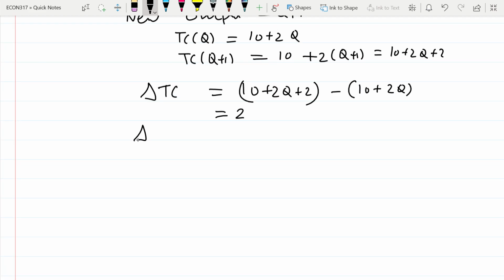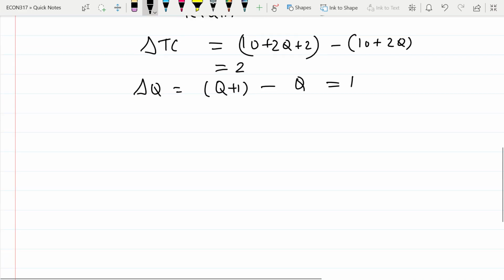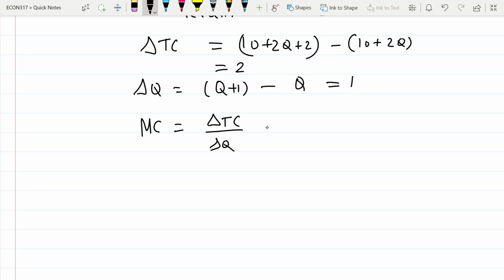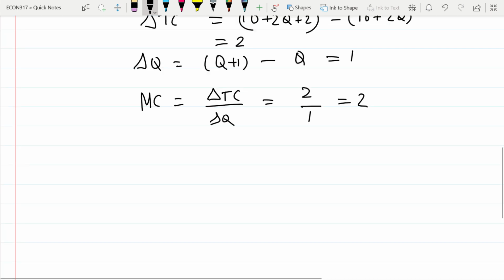The change in output is Q plus 1 unit, the new output, minus Q, the original one. Given this, I can compute the marginal cost, which is the change in total cost divided by the change in Q, 2 over 1, which is 2. That's the marginal cost.